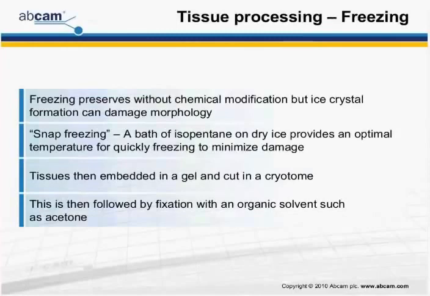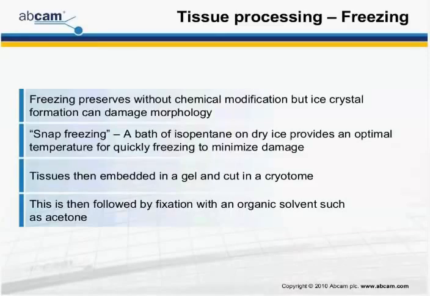Another type of tissue processing, instead of going through a cross-linking fixation and then embedding, is freezing the tissue. Freezing can preserve the tissue without any chemical modification. The one disadvantage to this is that ice crystals can form upon freezing, and this can damage the morphology of the tissue.